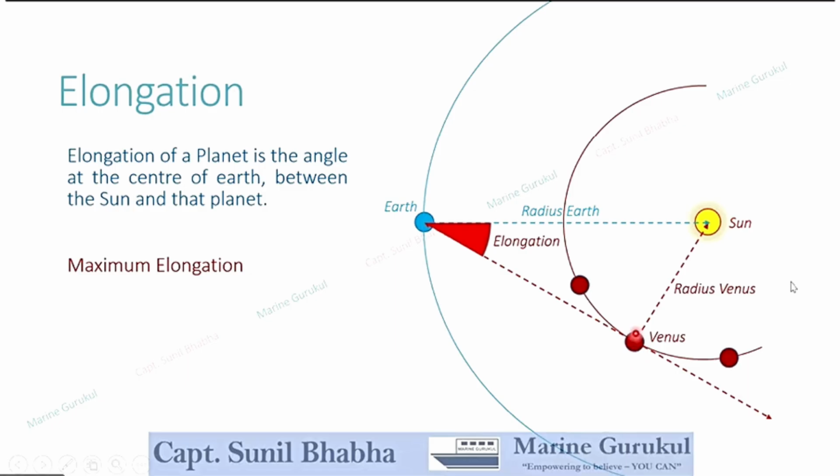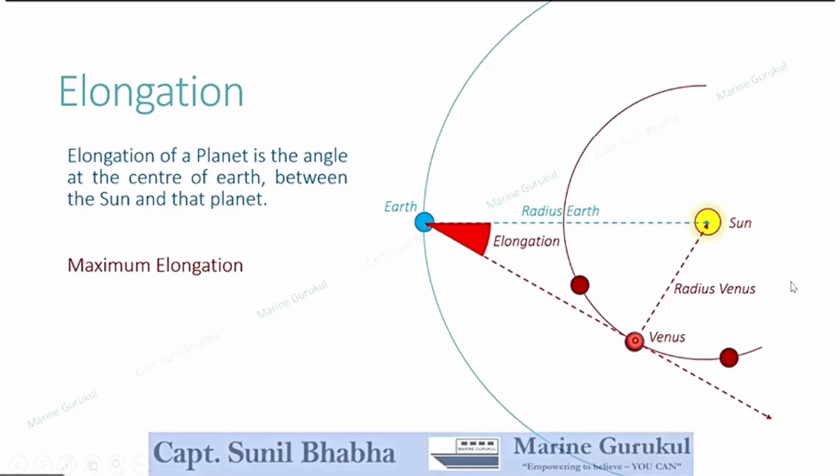Now, this point where the maximum elongation occurs, if you look carefully, you will see it is the point where, from the center of Earth, if you draw a tangent to the orbit of Venus, the tangent meets the orbit of Venus at this particular point. This is the point where Venus is going to have maximum elongation.